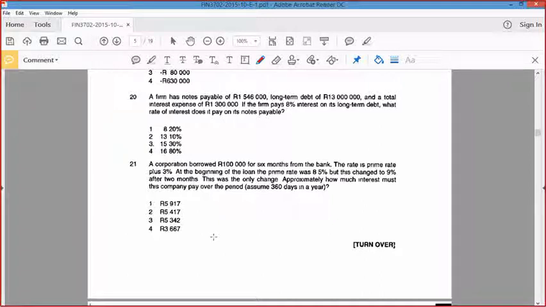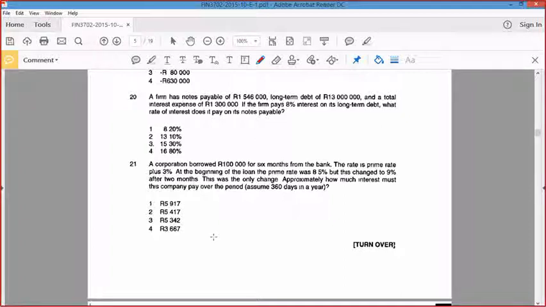Right, so do you agree the total interest amounts to how much? $1.3 million, right? Yeah, 1.3. Okay, so they gave us that. So principal times rate gives me interest. Do I know what the principal is for the long-term debt? Yes. So can I work out the interest on that? Yes, I can. Okay, the interest on 13 million times 8% is how much?